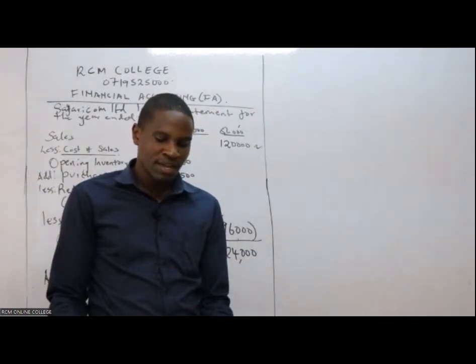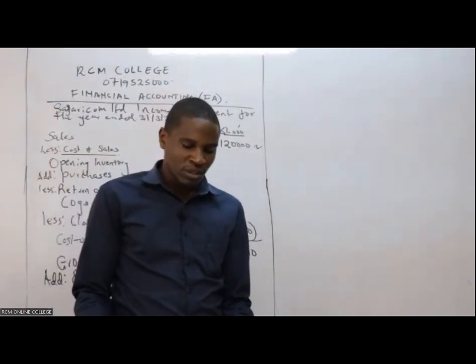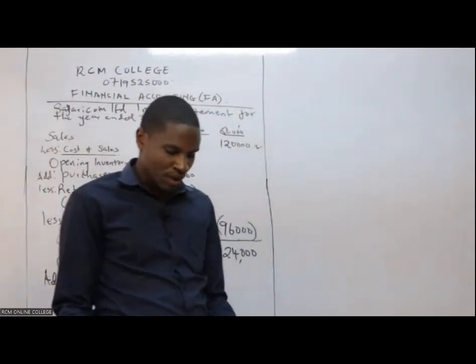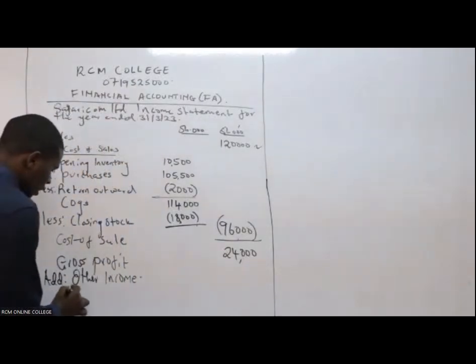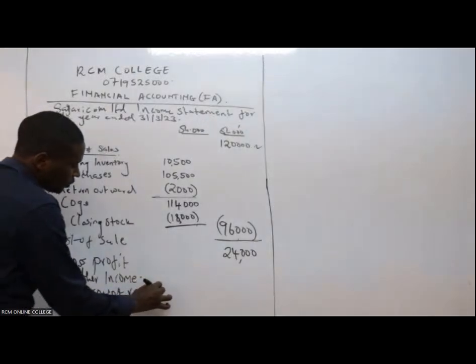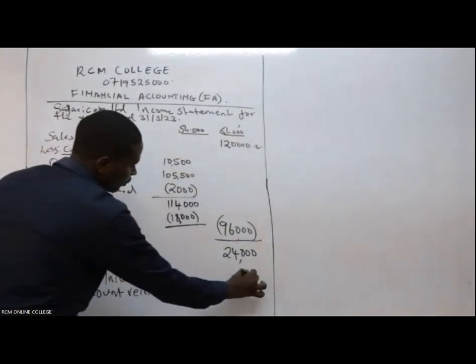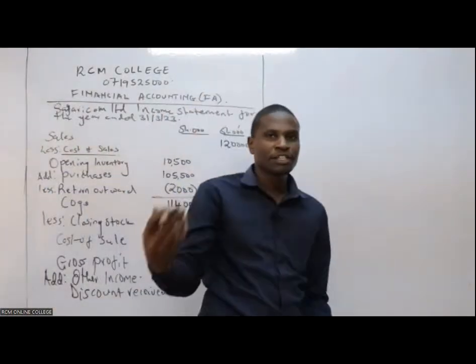The discount received is an income, and the discount allowed is an expense. Therefore, discount received was 325. So you come here and add discount received. It is 325.